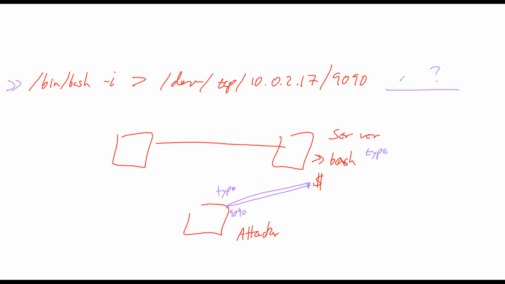If you remember in 372, we talked about redirection, and we can do this by adding 2>&1 and 0<&1, in this direction, like this.